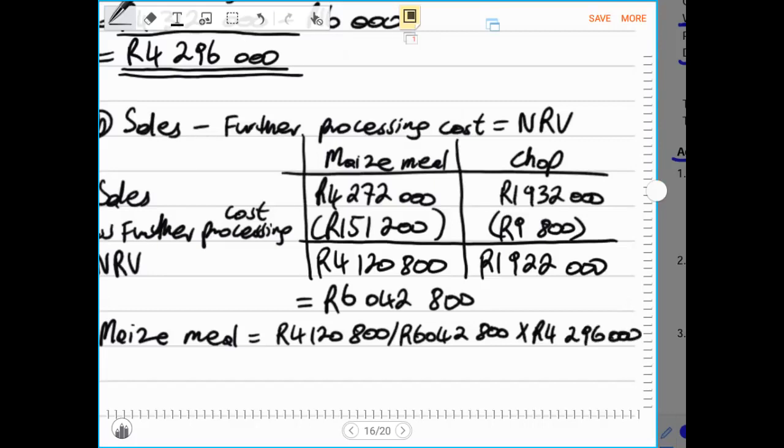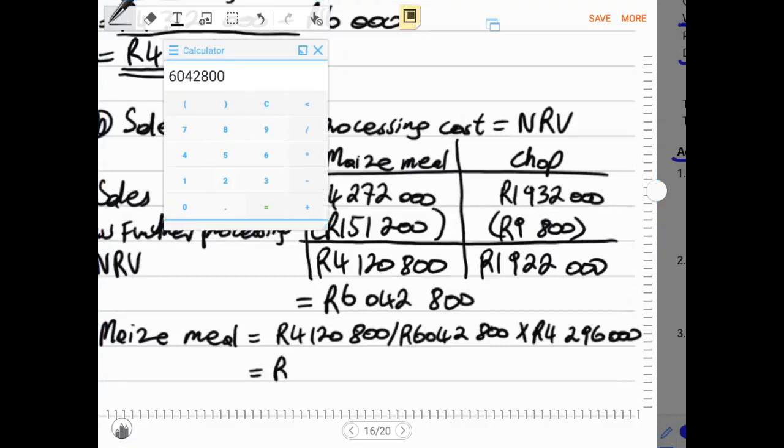If you want, you could have said joint cost times and divide. So now this will be the allocation of joint cost to the product maize meal.